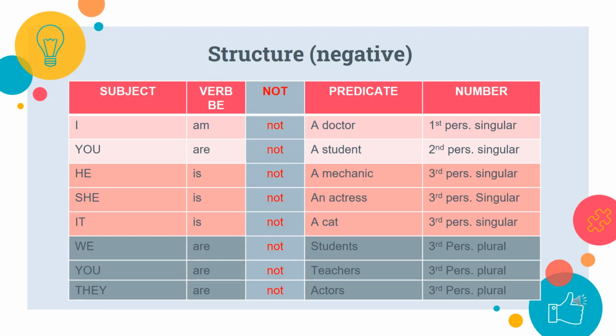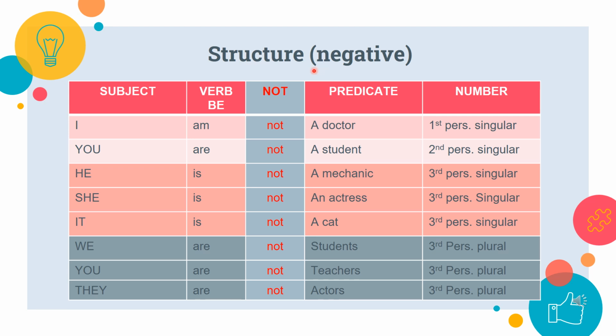Now we can see the structure for the negative form. For the affirmative, we have the subject, the verb be, the predicate. For the negative it is very similar.